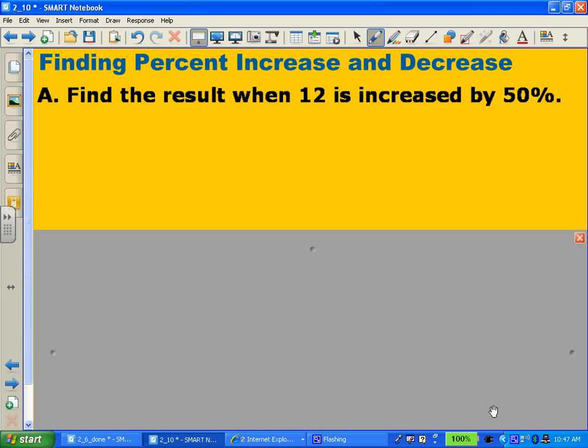Now the second type of problem you'll see looks like this. It says find the result when 12 is increased by 50%. As you can see, these ones are a little bit different. My first thing I got to do is figure out what's 50% of 12. If you'll remember from earlier, all I got to do is change my percent to a decimal, so that's 0.5, and multiply it by 12.